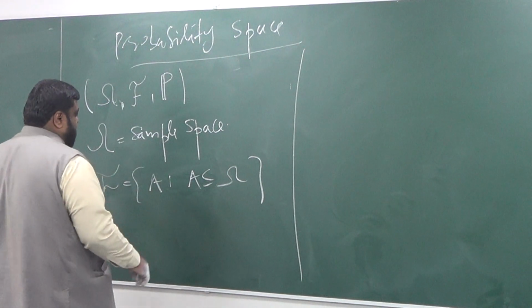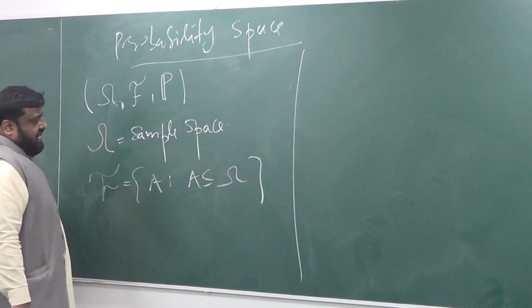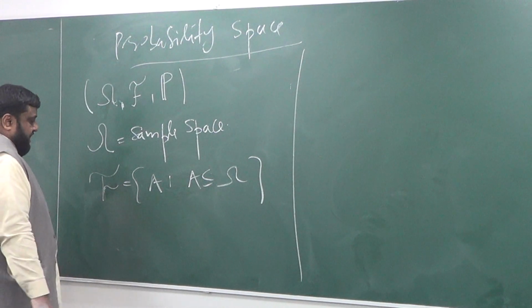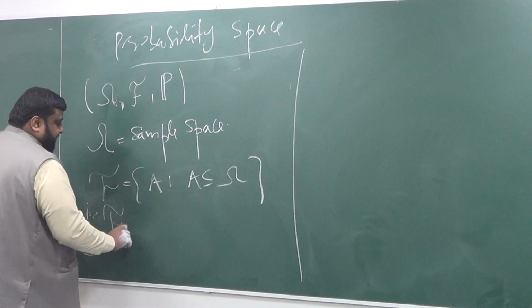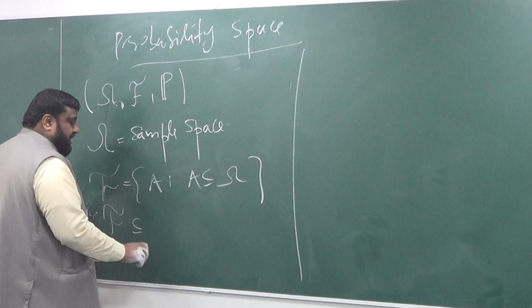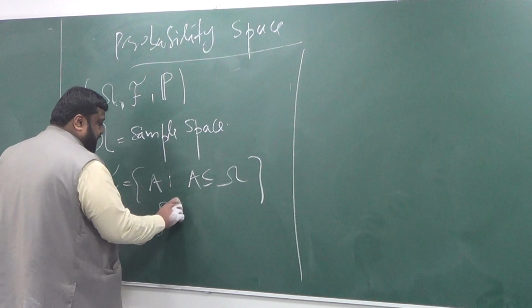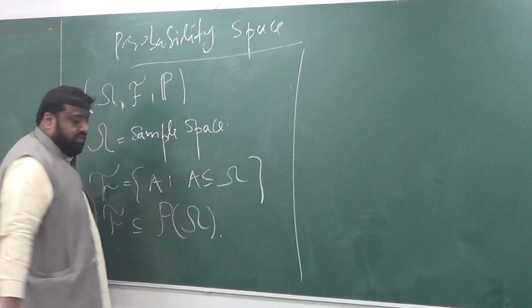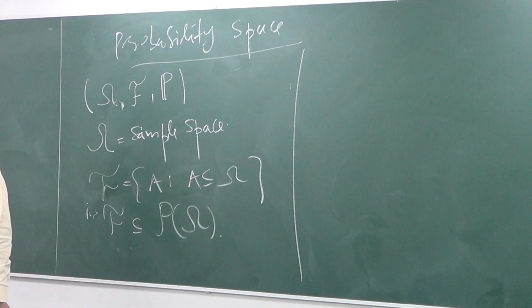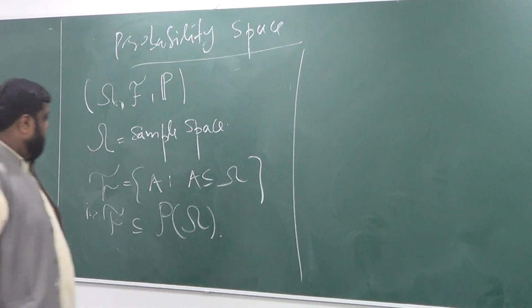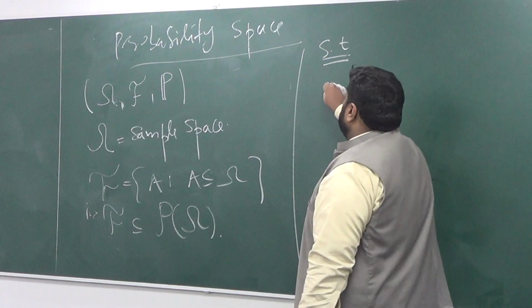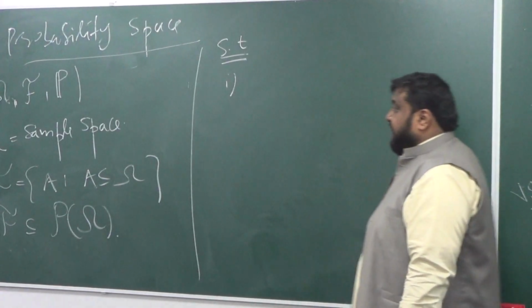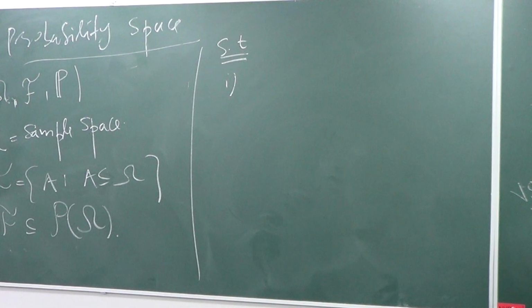Maybe I can say that this calligraphic F is a subset of the power set of omega, which is a better way to say it, such that the following conditions are satisfied.